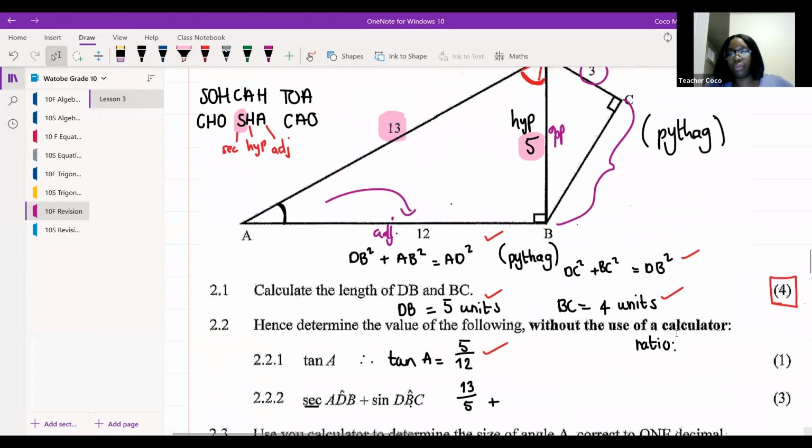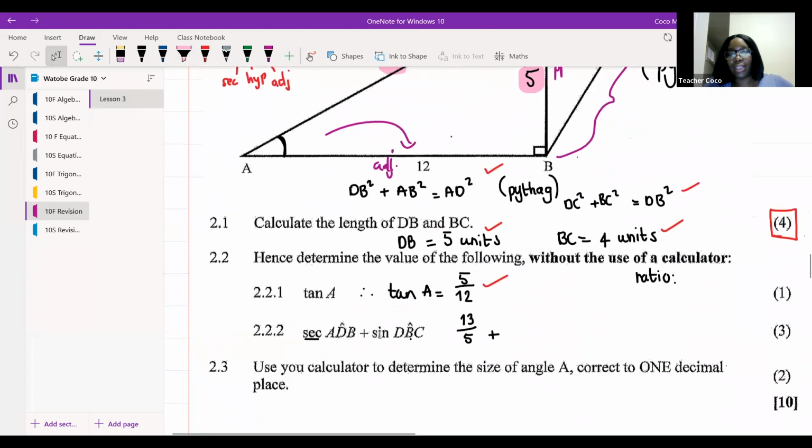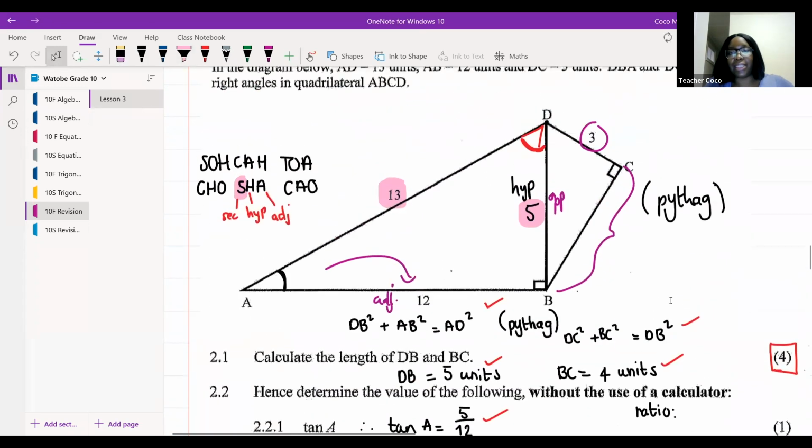Plus, then we need to go look. They want the sine of DBC. Now we need to go look at DBC. This is the angle they want, and they want the sine. So my sine is normal. Sine is going to be opposite over hypotenuse. So what is my opposite, guys, and what is my hypotenuse?